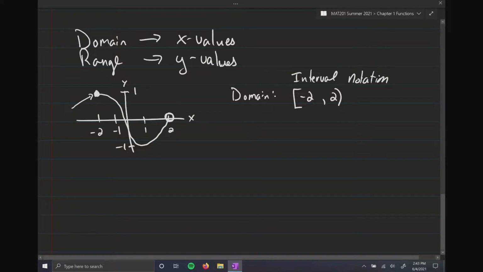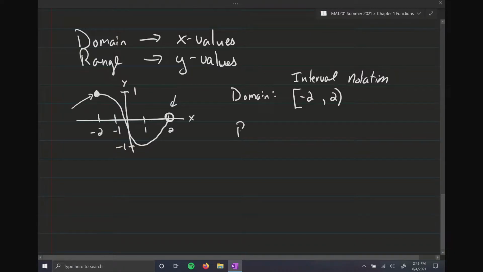Remember, all points have an x component and a y component. Now, on the far right, that's the largest x value I'm going to have. But notice since it's an open dot, I cannot include that x value. I'm going to get infinitely closer to 2, but I'm never going to actually reach 2. So that's why our domain here is going to be -2 inclusively, all the way up to 2 exclusively.